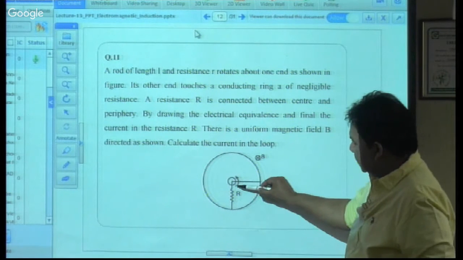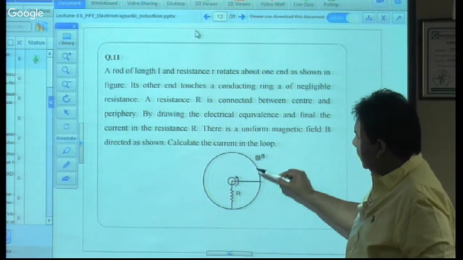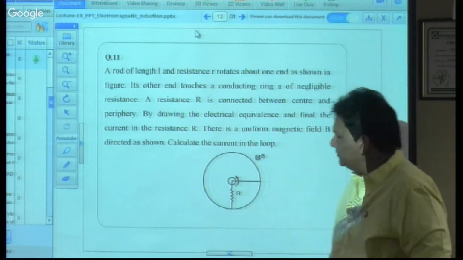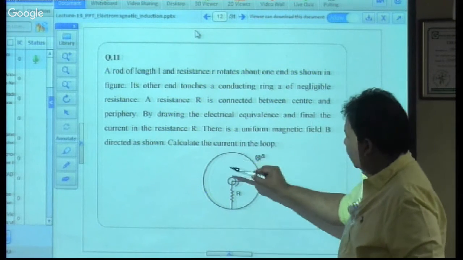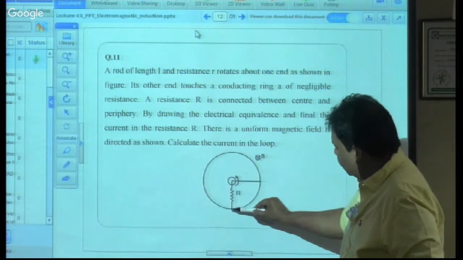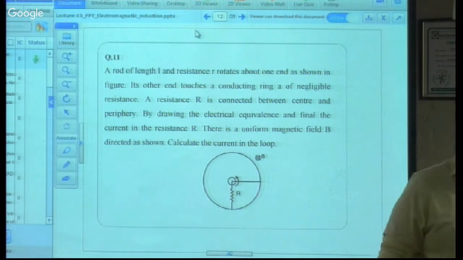Now what we do is we start rotating this rod with a constant angular velocity omega, and a magnetic field is there inside this ring. We have to find out what is the current in the loop. इस loop के अंदर current कितना flow करेगा?